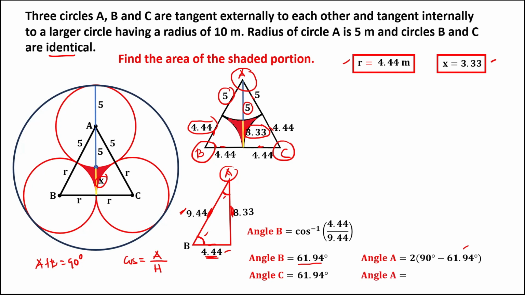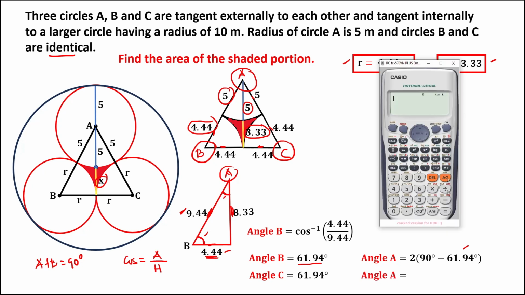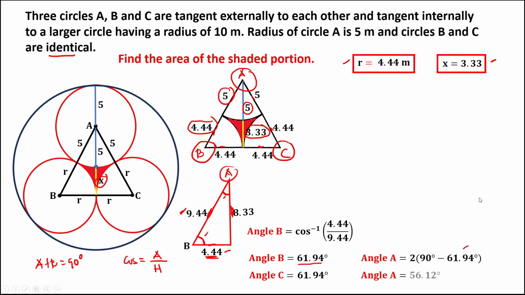So angle A equals 2 times 90 minus 61.94, that's 56.12 degrees. Take note that this is 2 times because this one is just half of angle A. We have these two angles, that's why this is 2 times.